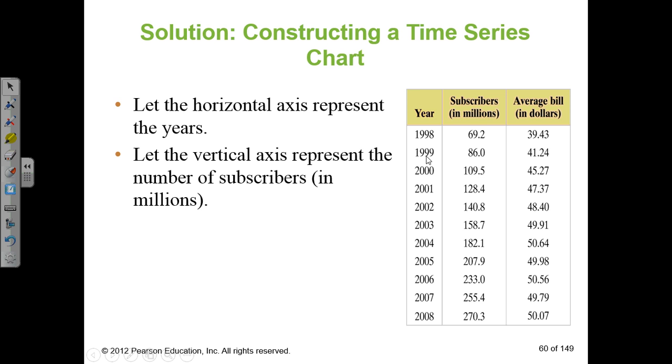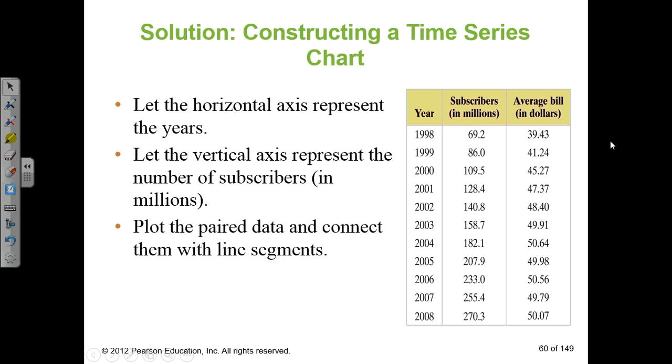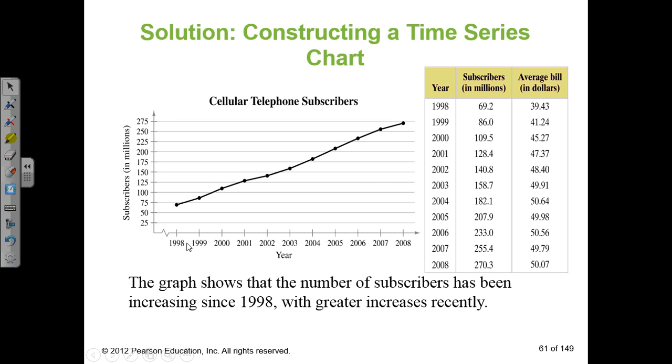The difference is the years or the days of the month go in order, right? So we start in 1998, go to 2008, plot the 69.2, the 86.0, and then connect the dots with a line, and we see the trend that cell phone service was increasing, and it looks like maybe around 2007, it's starting to level off.